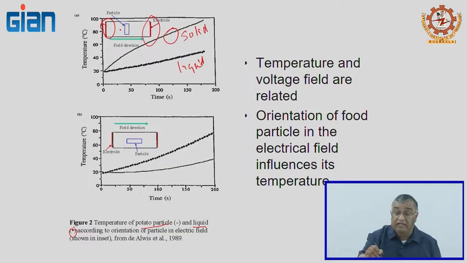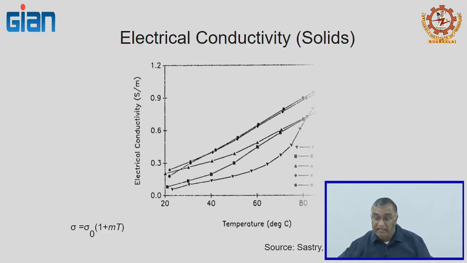So this is when the field is parallel to that, whereas here is the electric field and the potato is oriented differently. You can see that under the same conditions, if you just change the orientation, the heating rates of solids and liquid reverse. So again, ohmic heating is much more complex compared to some of the traditional canning and other methods. That's where again you need mathematical modeling to understand various things happening during ohmic heating.